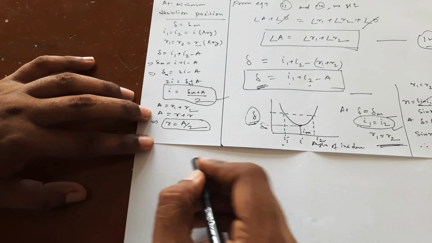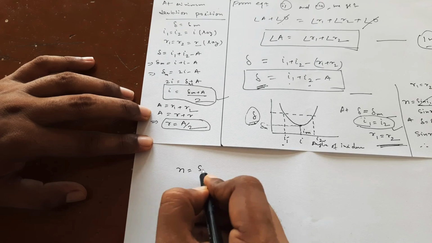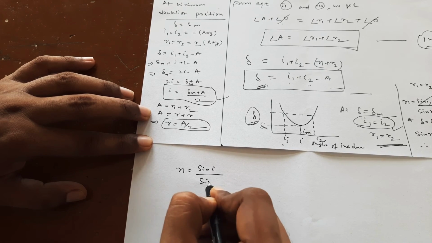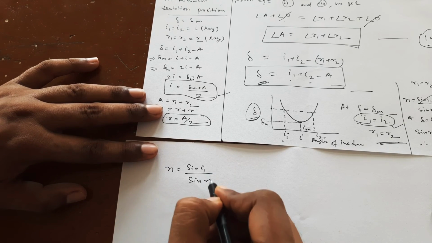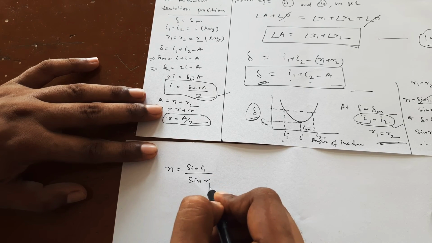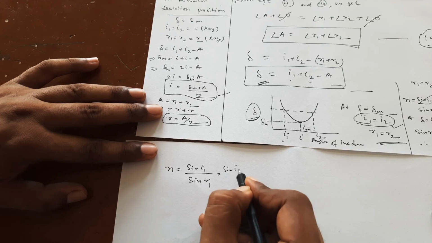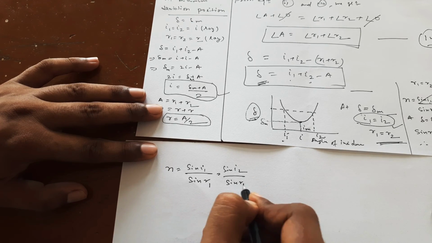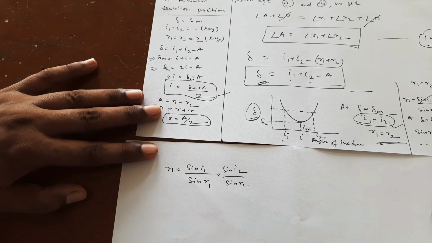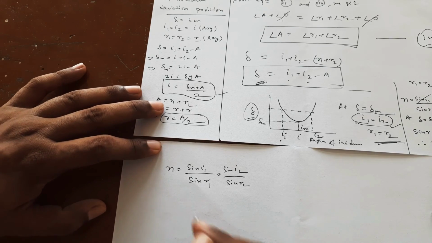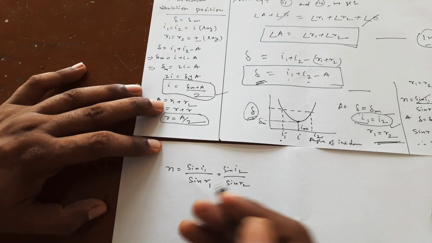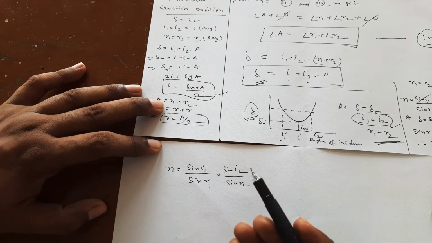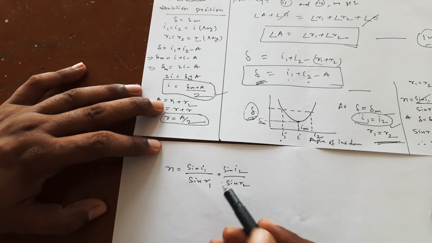Now we know that n is equal to sine I divided by sine r. Actually, the relation was sine I1 divided by sine R1 is equal to sine I2 divided by sine R2. But at the position of minimum deviation, I1 must be equal to I2 and R1 must be equal to R2, and we can write simply I and r.